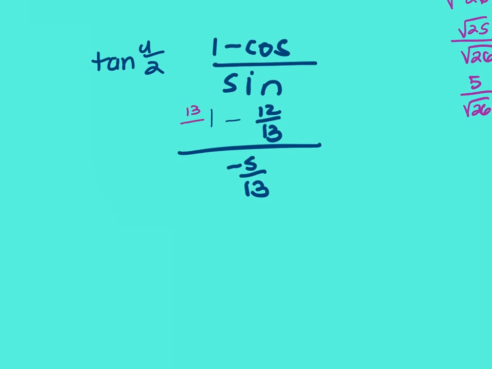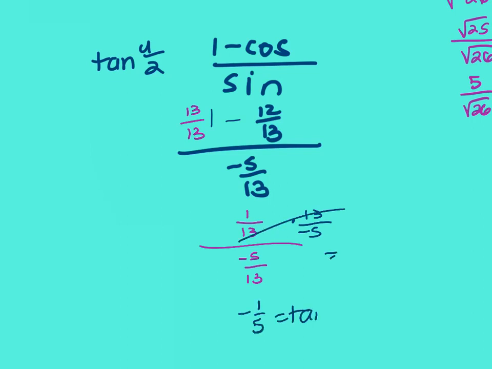This becomes 13 over 13, 1 over 13 over negative 5 over 13. Keep change flip. And I get negative 1/5, which I also would have gotten if I had put sine over cosine. But again, test-wise, you'll only get directly one of these, not all three parts.